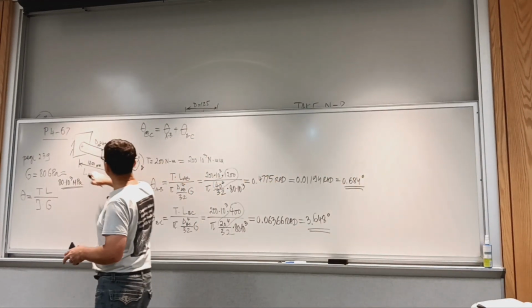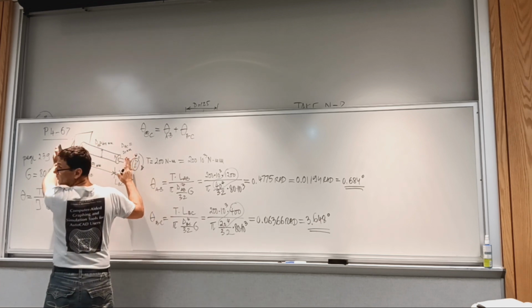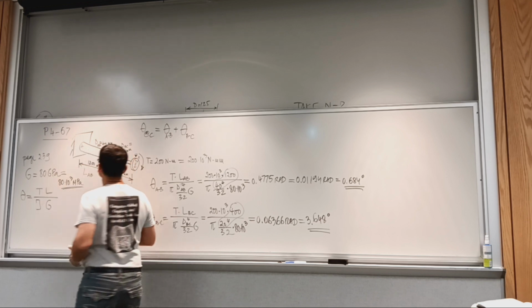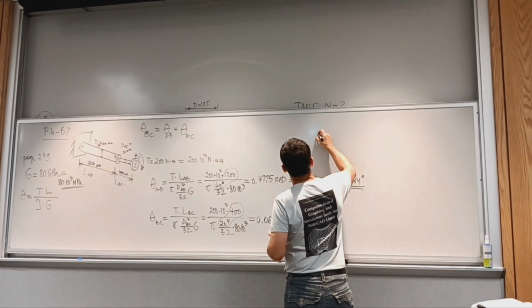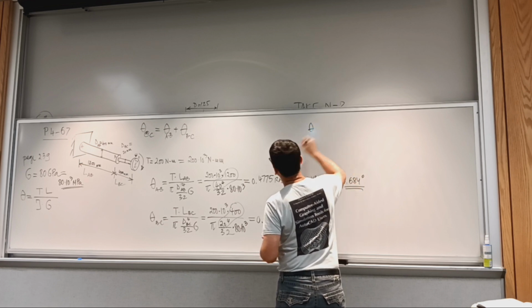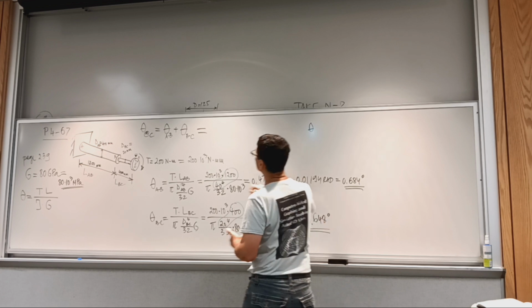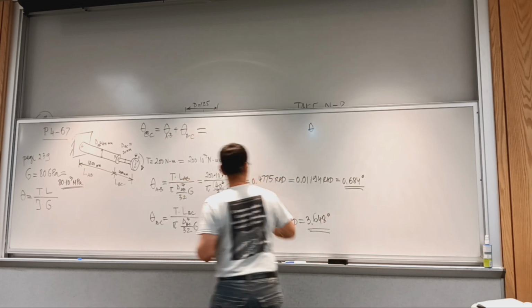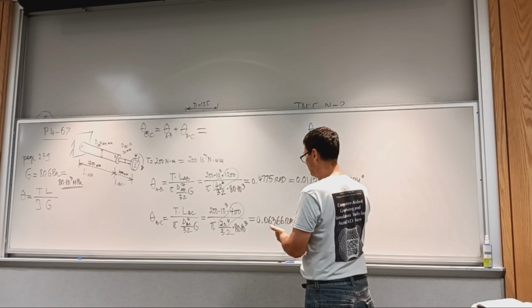We have, essentially assuming the full length, the end result, theta at C, because we never calculated the full angle at the end point C. We calculated them individually.